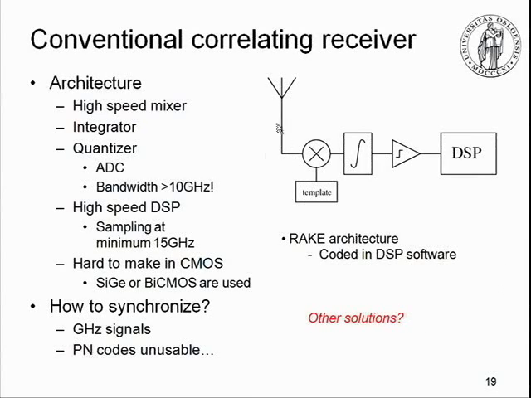The traditional way is this is my receiver, and I multiply with my template here. As my signals come in, I have to take one bit at a time, and sift through my template in the correct order, at the correct time, all right?